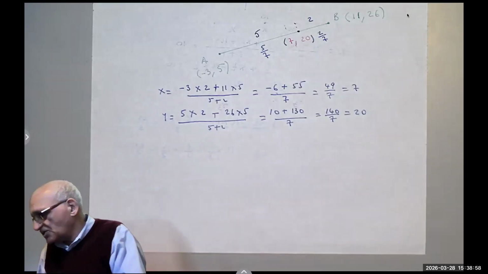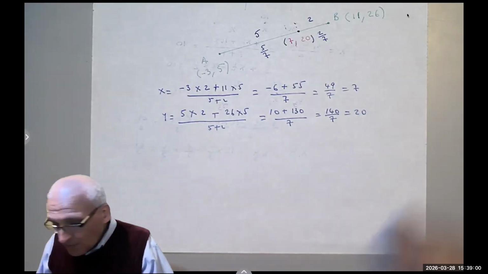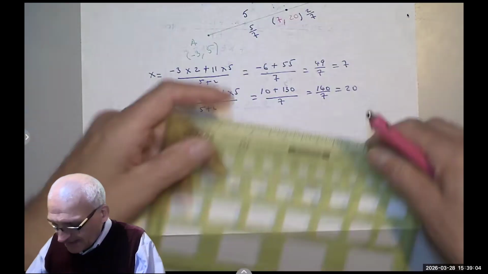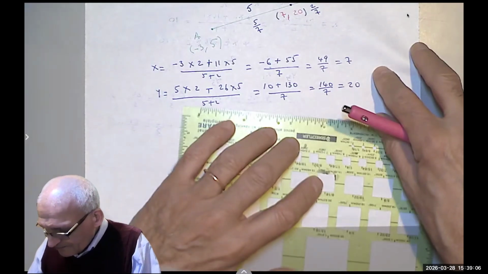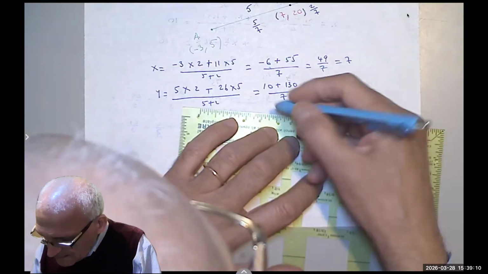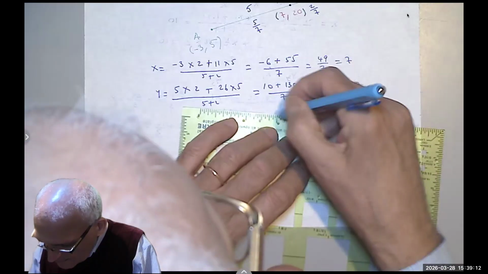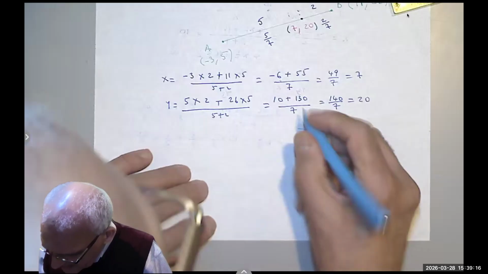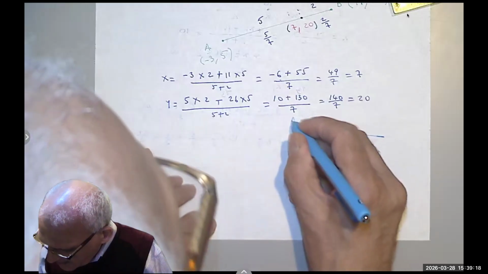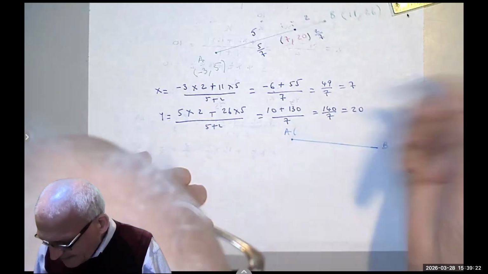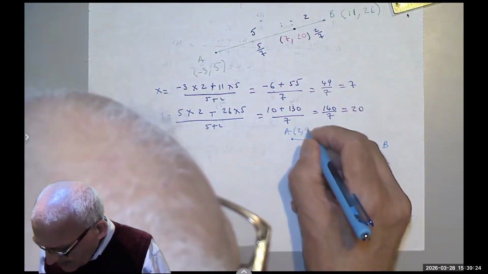One last extension. Suppose, and this one, I think you would like it. It's very important. Suppose I have a line here. And this line AB, this point, for example, is 2 and 9.